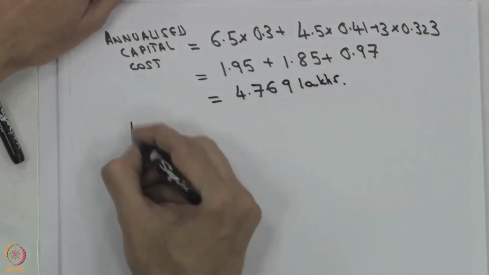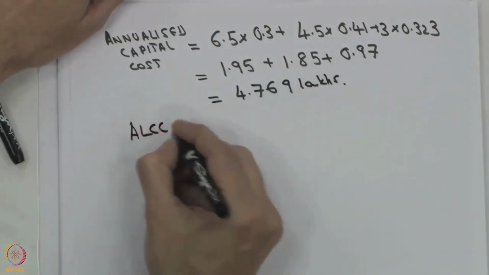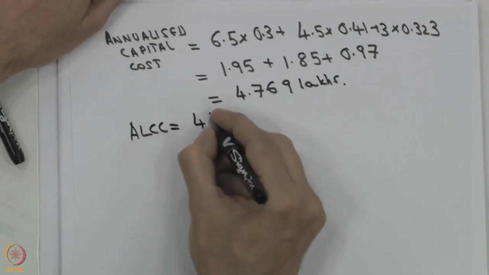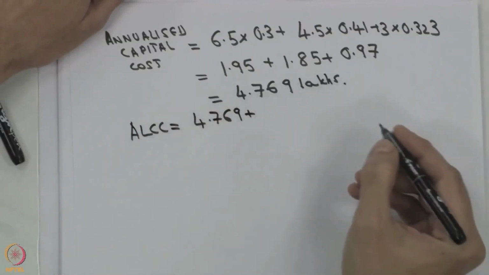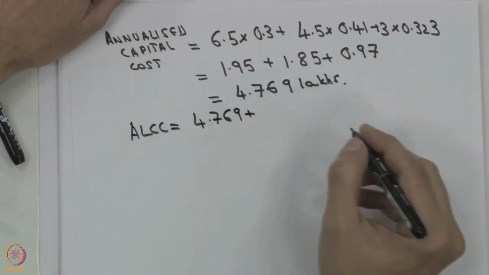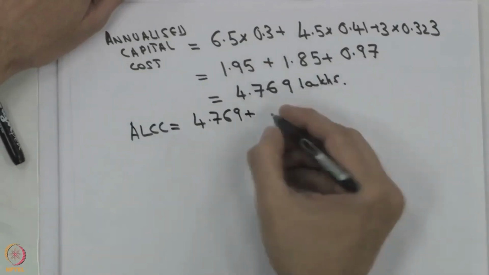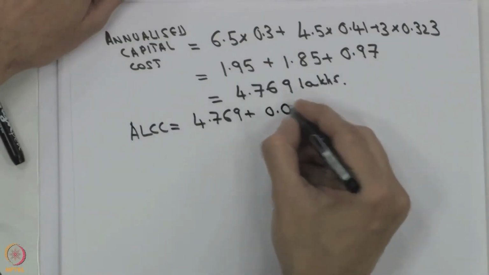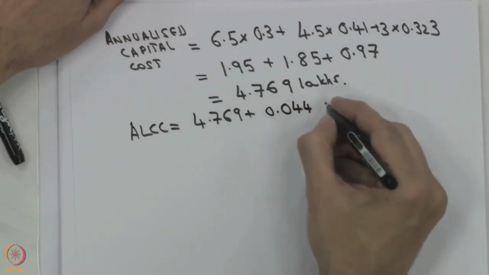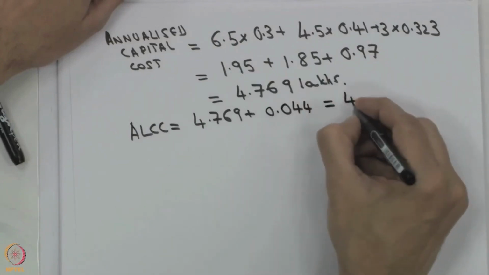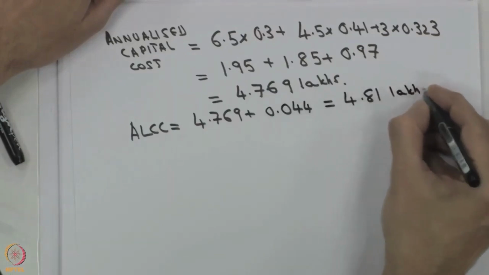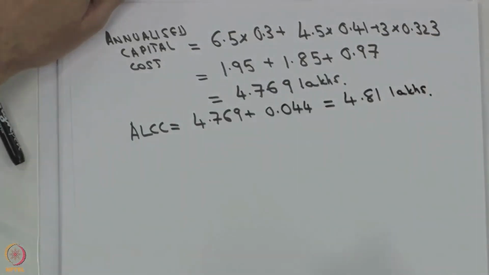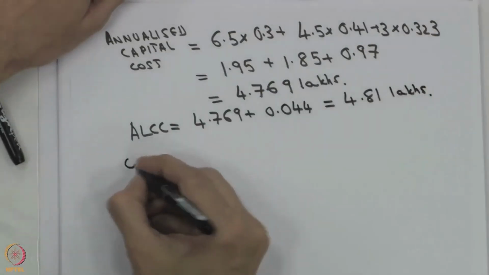So, when we look at the ALCC, we will add 4.769 plus what we had calculated, which was 4,380, but we can just take it as 0.044. So, it comes out to be 4.81 rupees lakhs. That is the ALCC. Now, let us calculate the cost of generated electricity.